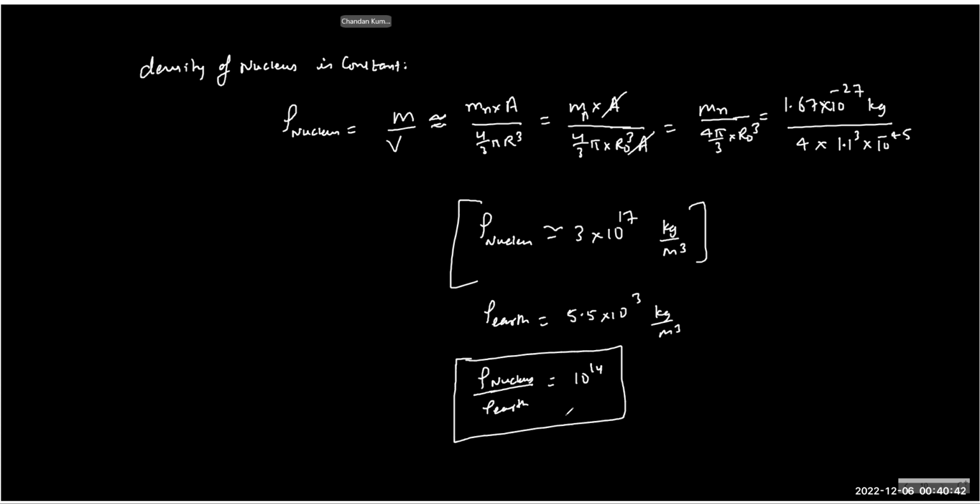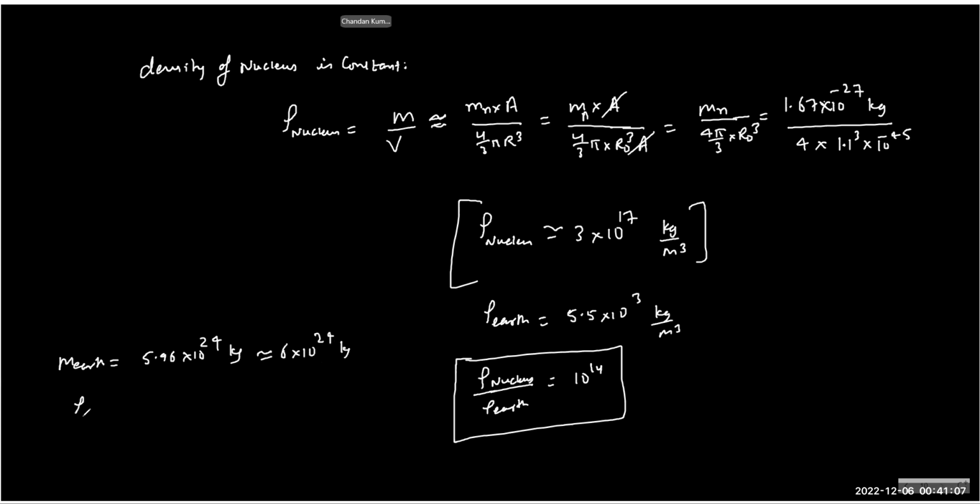So to create equivalent mass of Earth, how big nucleus we need to have? Let's equate the Earth mass with the nucleus mass. So mass of Earth is 5.96 into 10 power 24 kilogram. Roughly you can say 6 into 10 power 24.